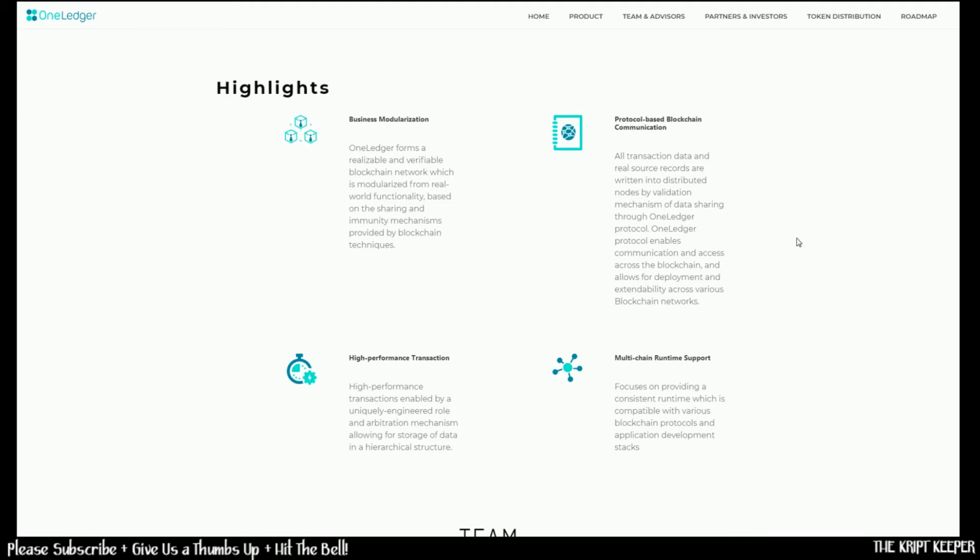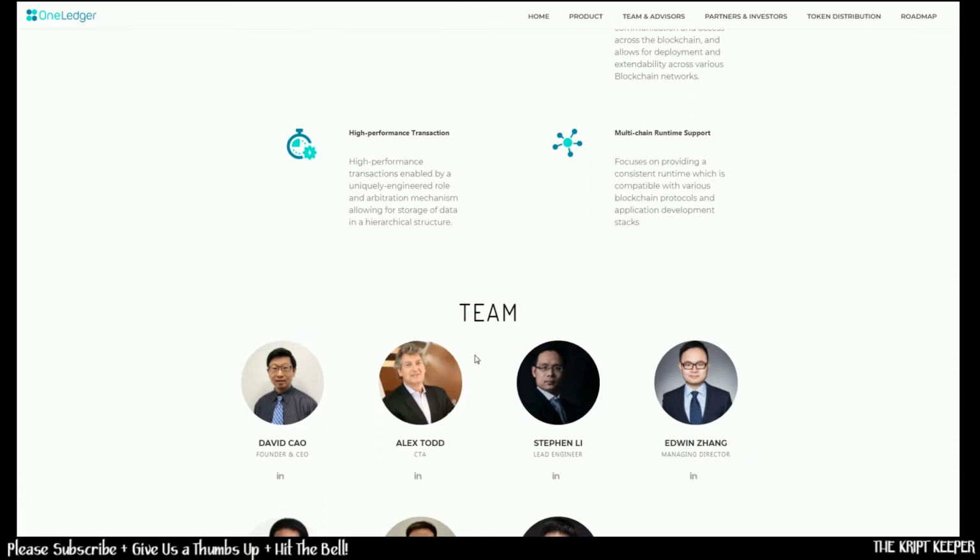OneLedger protocol enables communication and access across the blockchain and allows for deployment and extendability across various blockchain networks. High performance transactions. So high performance transactions enabled by a uniquely engineered role and arbitration mechanism allowing for storage of data in a hierarchical structure. And multi-chain runtime support focuses on providing a consistent runtime which is compatible with various blockchain protocols and application development stacks.